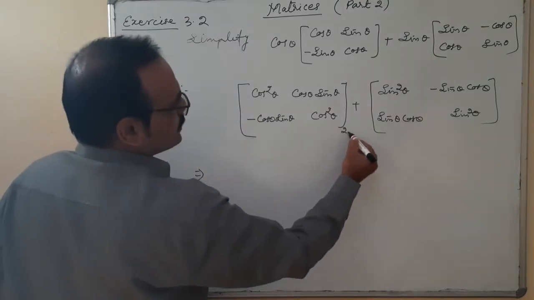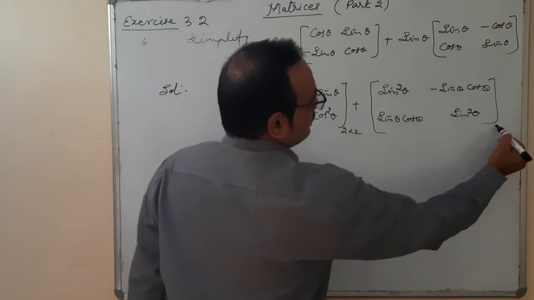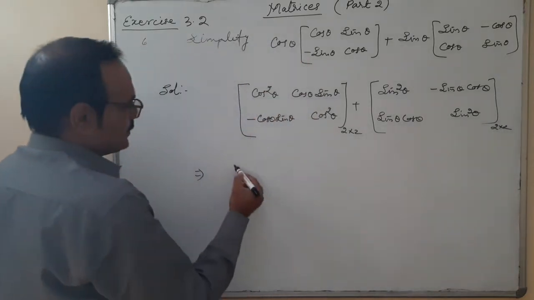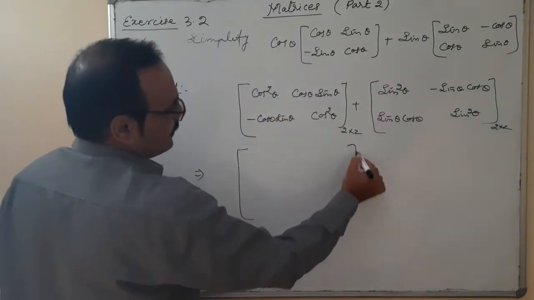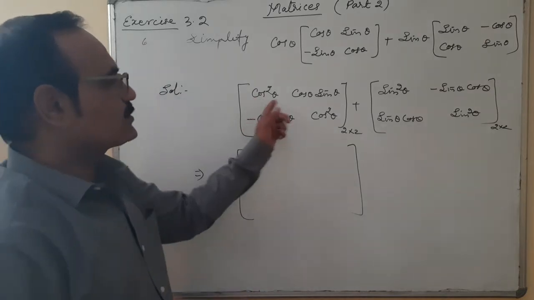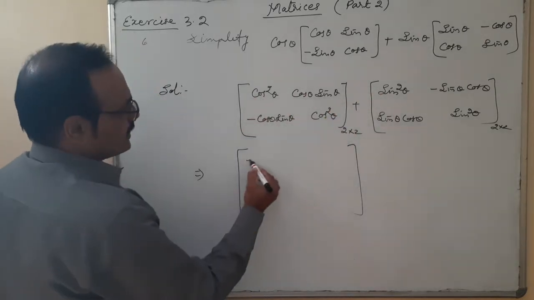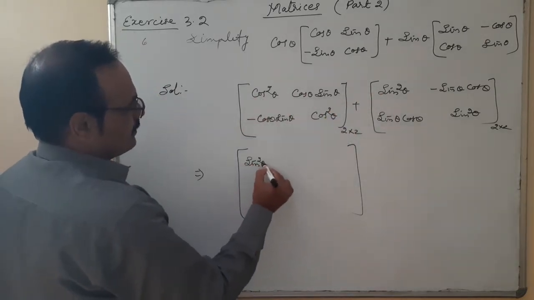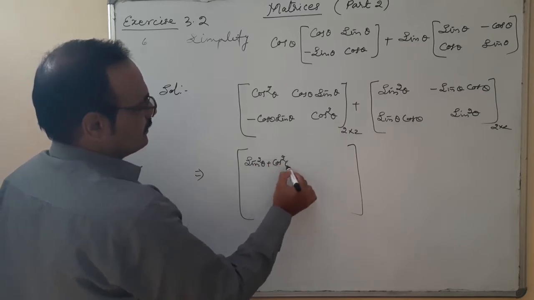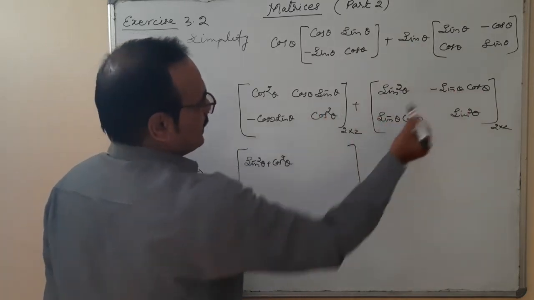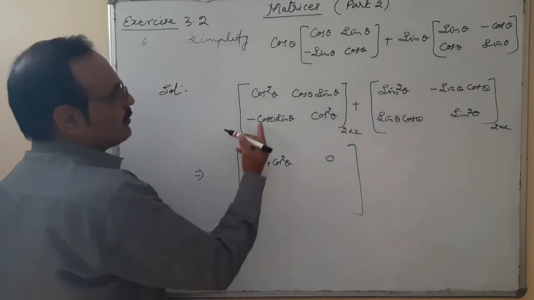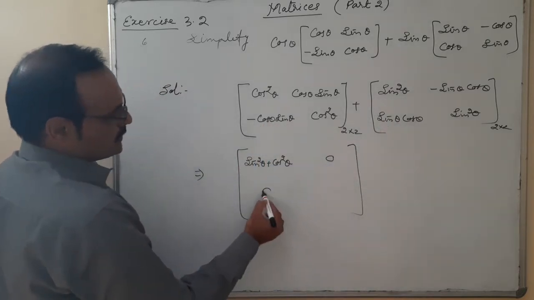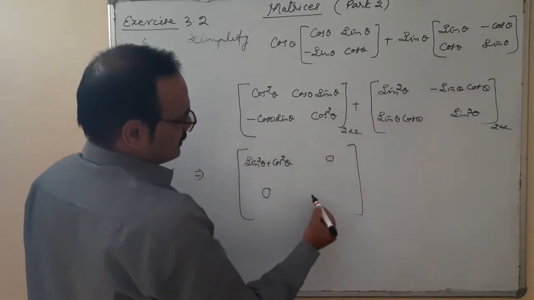What is the next step? We have two 2 cross 2 matrices, and addition of two matrices is possible, so we add both matrices. It is coming cos square theta plus sin square theta, cos theta sin theta minus cos theta sin theta which is 0, minus cos theta sin theta plus cos theta sin theta which is 0, and cos square theta plus sin square theta.